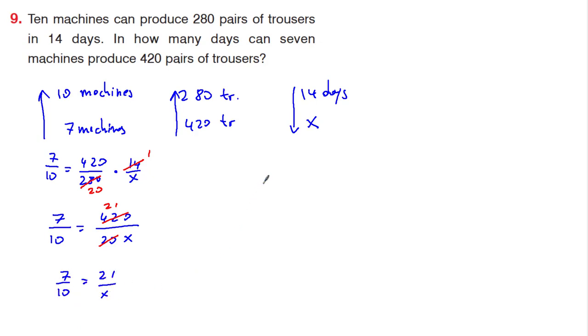Cross multiply. 7x is 210, x being 30. So in 30 days. And it makes sense: if you decrease the number of machines and also increase the number of trousers that they should produce, obviously, the number of days needed will increase.